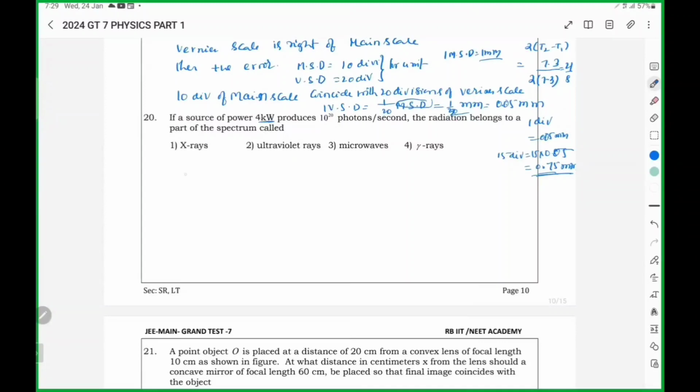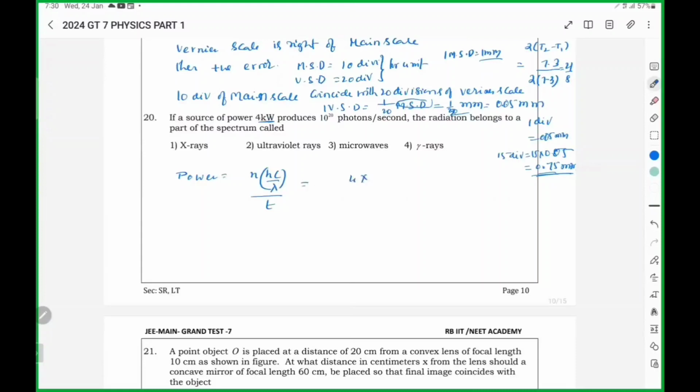So here power is N h c by lambda. N is the number of photons. h c by lambda is the energy of a photon, total energy by time.